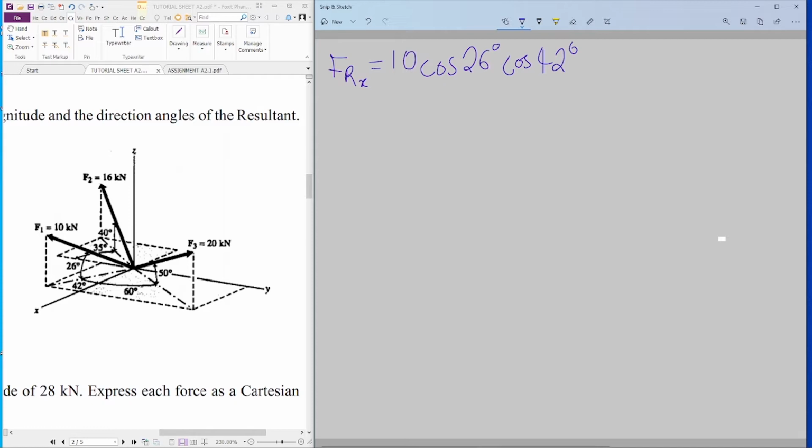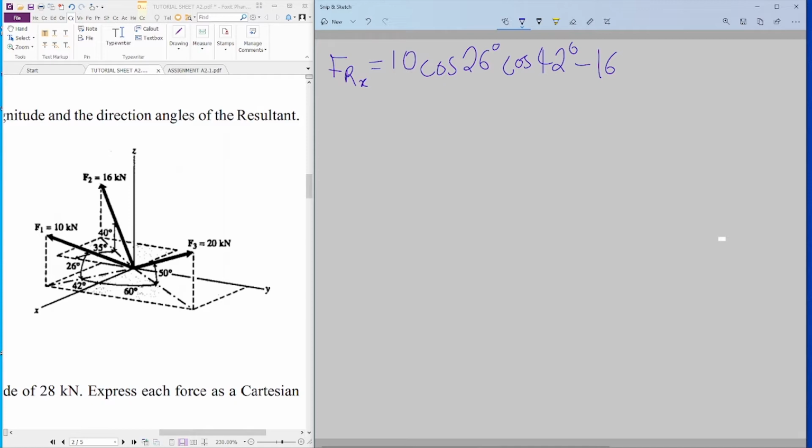For F2, I've seen that the X component for F2 is negative because it has that component going beyond the origin there. So I'll have minus 16, then I'll find from the angles given.